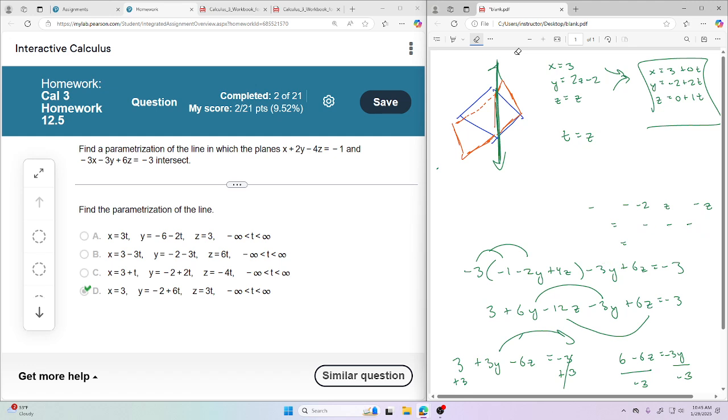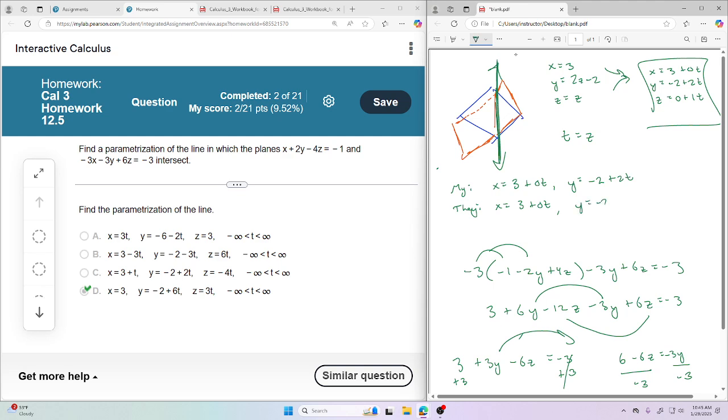Let's say it wasn't so easy that one time. Well, look around for a second. We're very, very close. My x is 3 plus 0t, and their x is 3 plus 0t, essentially. This is mine, and this is theirs. Y, mine is -2 plus 2t.